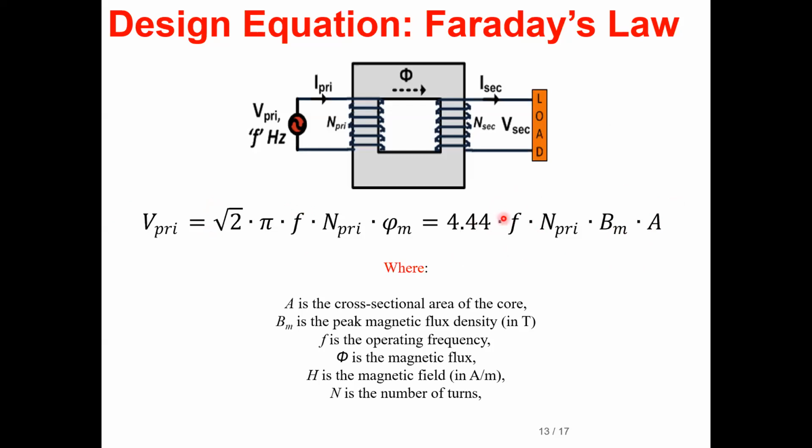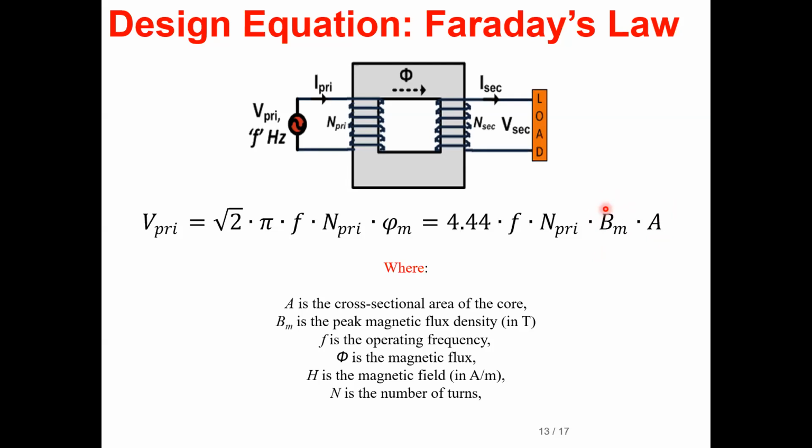So when F is low, naturally for the same voltage, we need to have a higher number of turns, or a larger cross-sectional area. The flux density, of course, we'll be talking about a little bit on how to update it, but we want to utilize the maximum as possible.